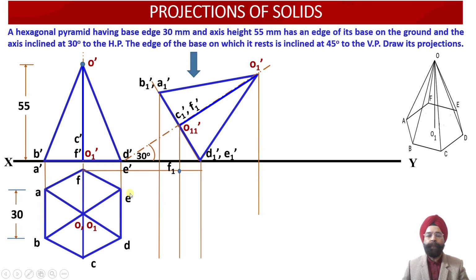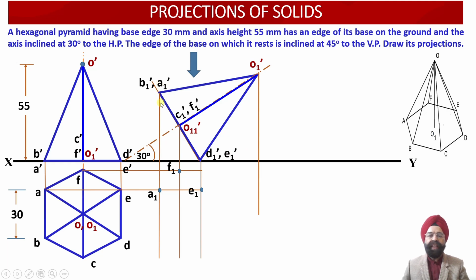Now next we have the points A and D over here. So this is point A, this is point E. Now let us draw the horizontal projector line through the points A and D. So wherever this horizontal projector line is intersected by vertical projector lines drawn through A1 dash and E1 dash over here.